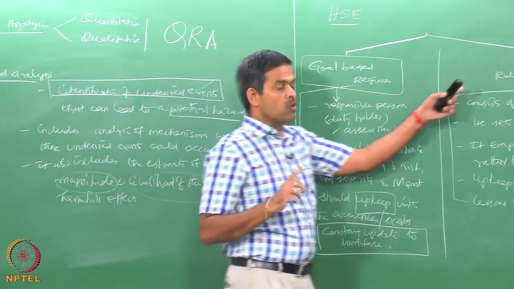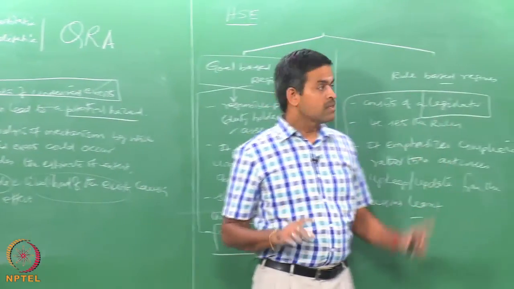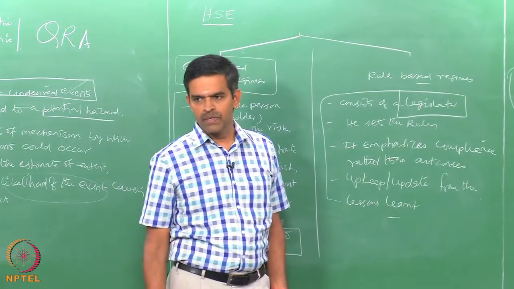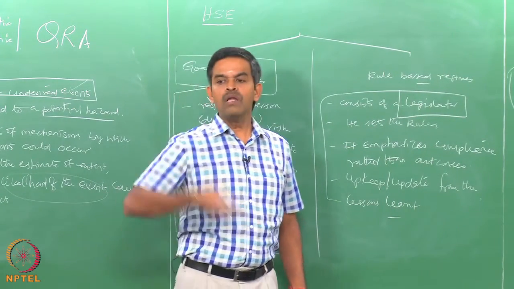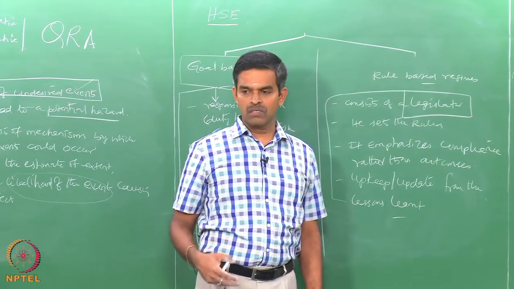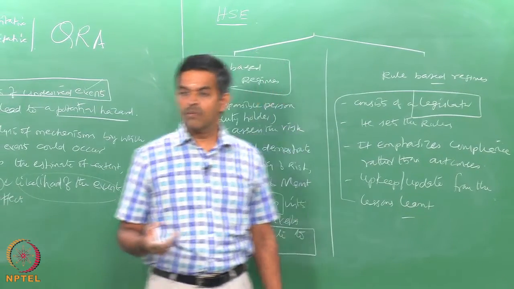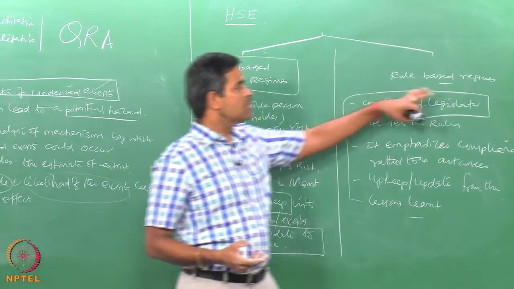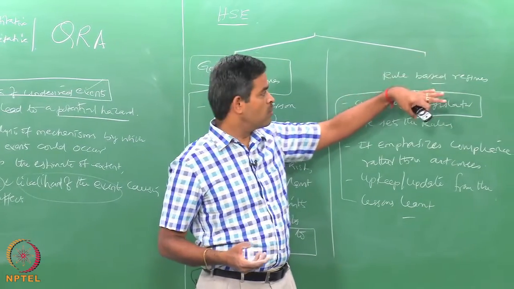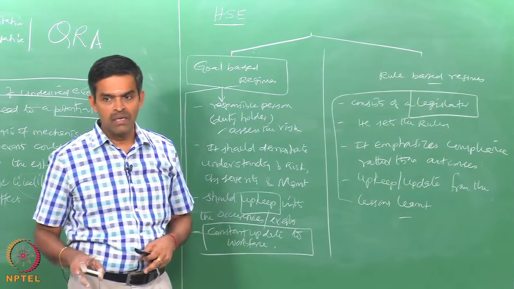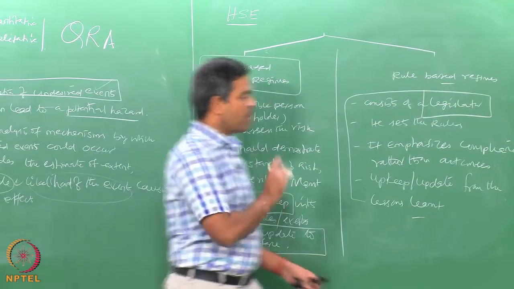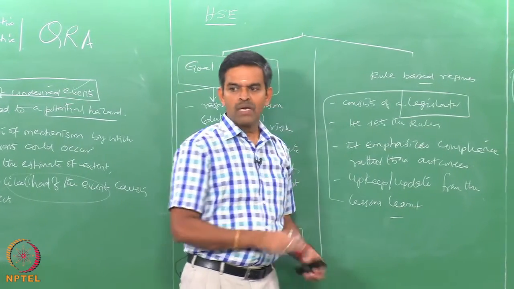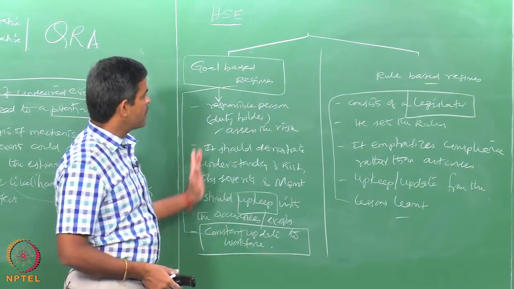If the company follows a rule based regime, this can ensure uniformity along and across all the stakeholders of oil and gas industries in the globe. So, there are some benefits of globalization in rule based regimes of HSE practice, but there are some missing points which have to be taken care of from the goal based regime.